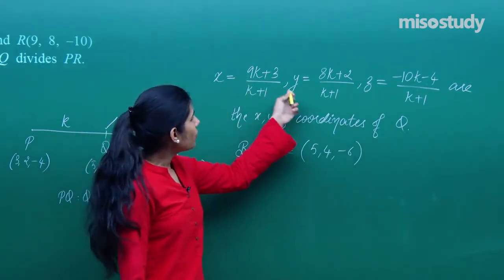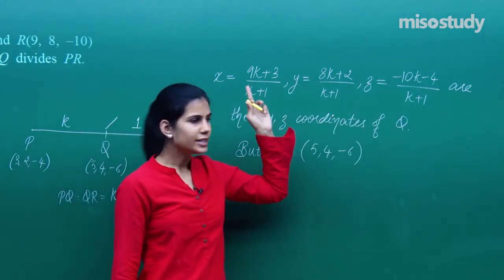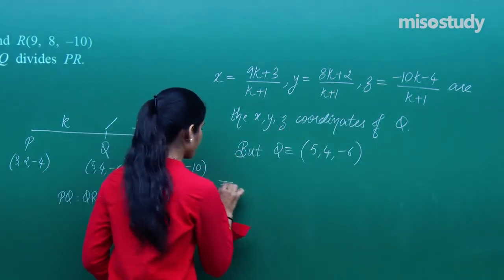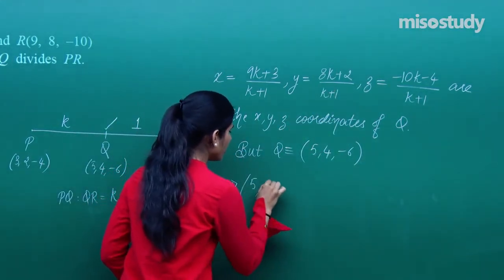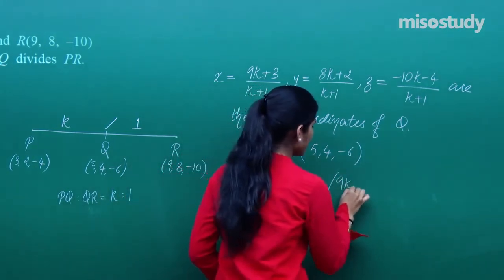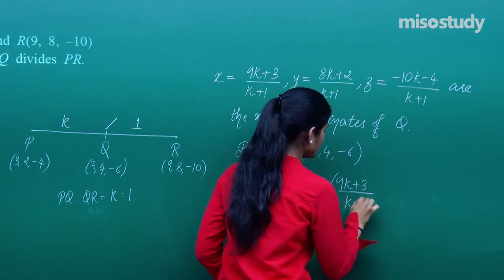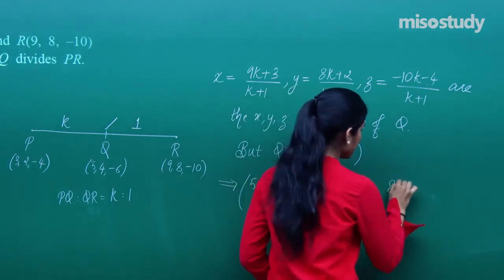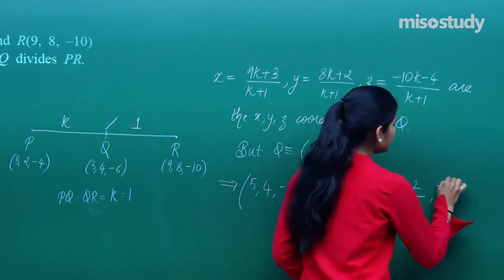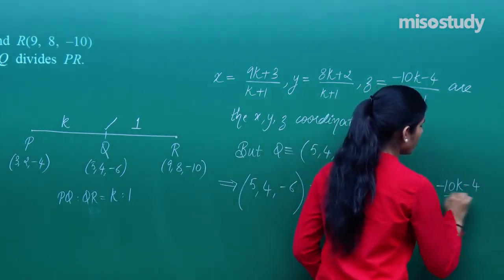So Q is x comma y comma z with these values of x, y, z also, and Q is this also. That means this is equal to this. 5 comma 4 comma minus 6 is equal to 9k plus 3 upon k plus 1, 8k plus 2 upon k plus 1, minus 10k minus 4 upon k plus 1.